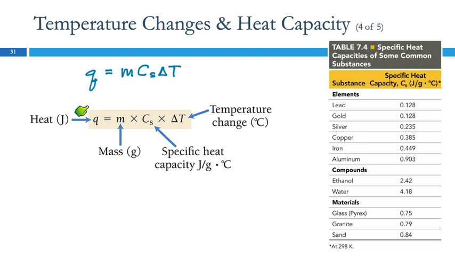So here Q is the heat measured in joules. M is the mass measured in grams. C is the specific heat capacity with units of joules per gram degree Celsius. And delta T is the temperature change in degrees Celsius.